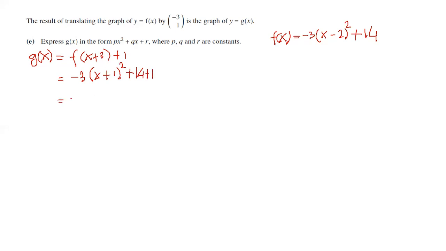And it's going to be -3 (x squared plus 2x plus 1) plus 15.